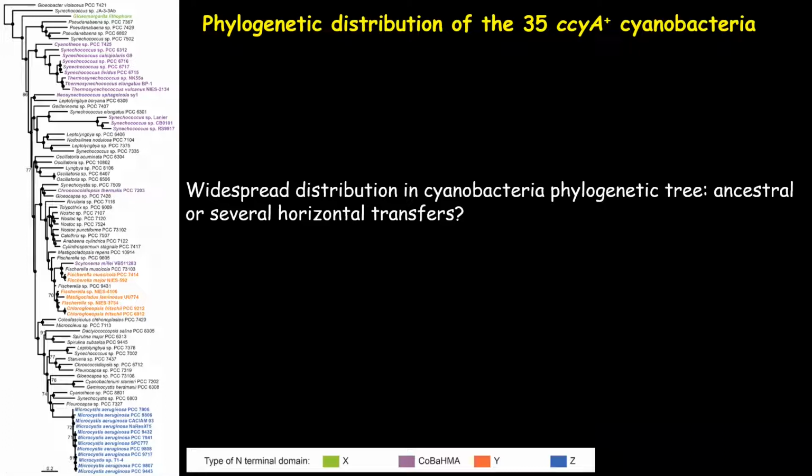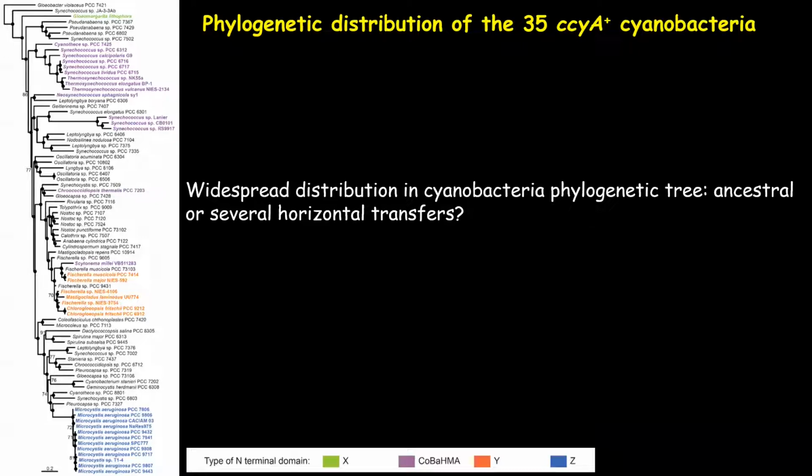And what you can see is that you have colored ones everywhere, at different places of this tree, which is representing most of the diversity of cyanobacteria, which means that basically we find cyanobacteria forming intracellular carbonate pretty much everywhere in the tree.